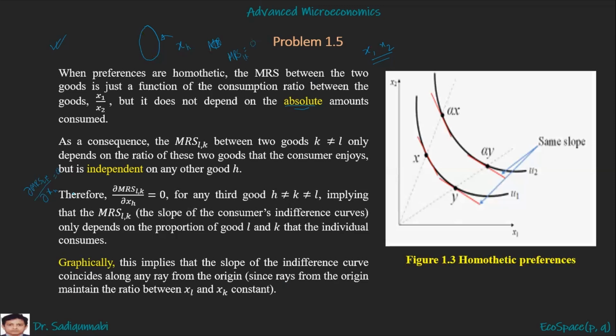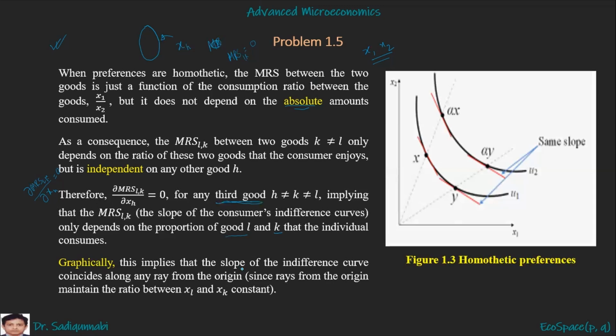That means it is independent of any good other than the goods inside the MRS, any third good. And this implies that because MRS is the slope of the indifference curve, MRS depends only on the proportion of goods L and K, not any other third good.